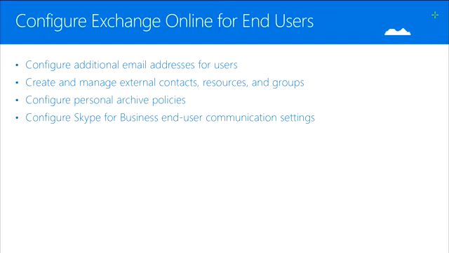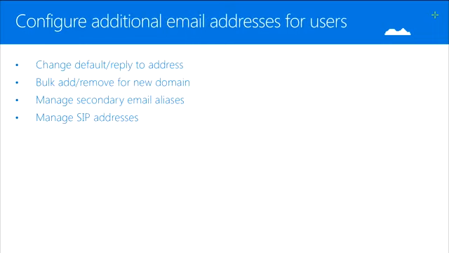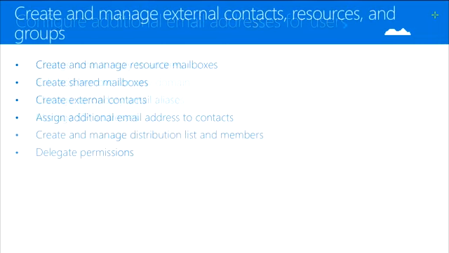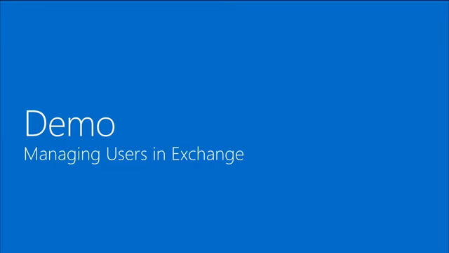And of course, you need to be able to use the UI, but also know how to do this through PowerShell as well. I'm going to give you a little demo. So, of course, things like changing default reply addresses, secondary email addresses, SIP addresses, and so on. So let's take a look at some of these options here.